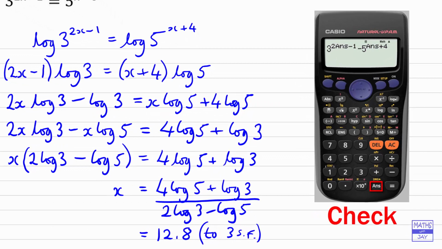So you can see what I've done. Instead of the x, I've just used answer, and instead of working out the left hand side and right hand side separately, I have subtracted the right hand side from the left hand side, so I am expecting to get an answer of 0. So if I've got the right answer, I will get an answer of 0. So let's see. Excellent, so we've got the right answer.